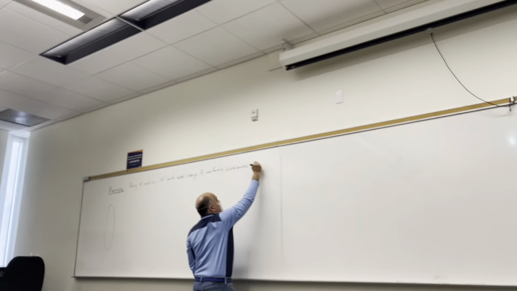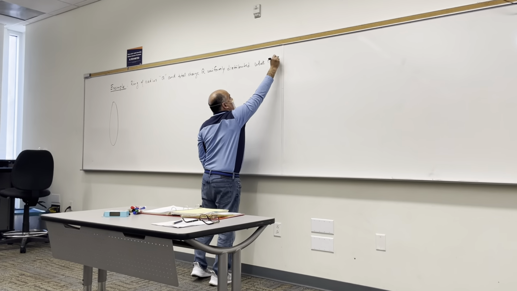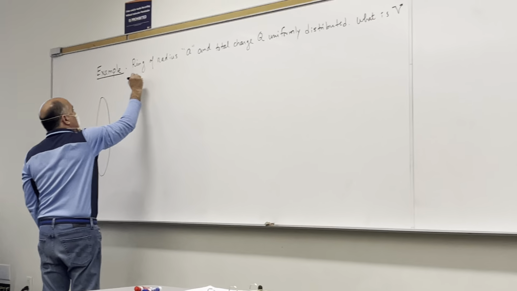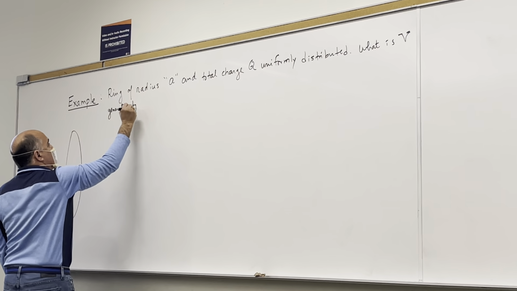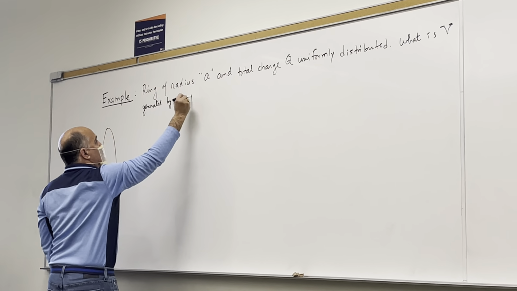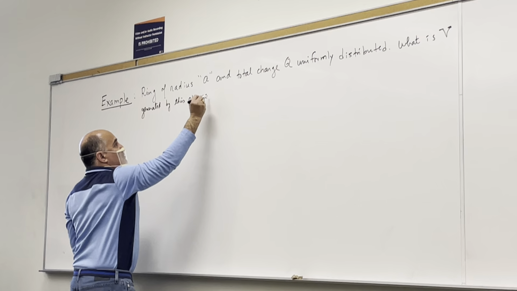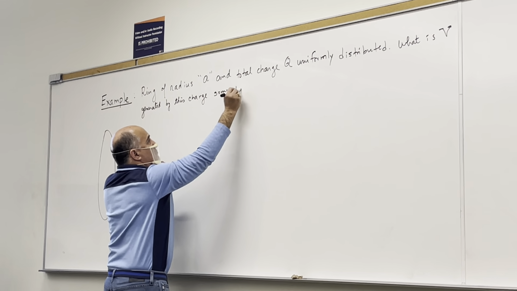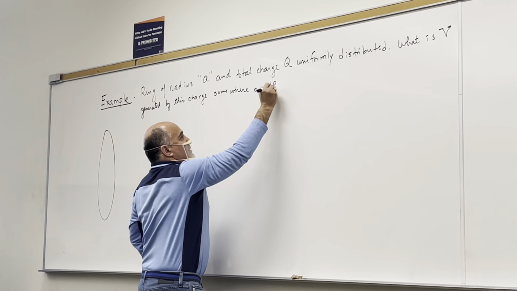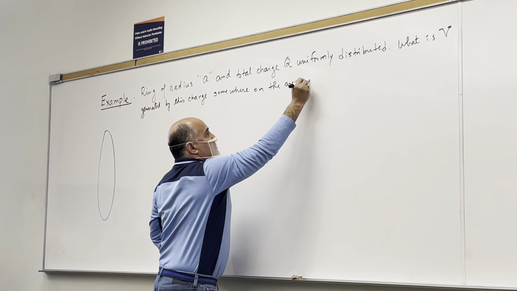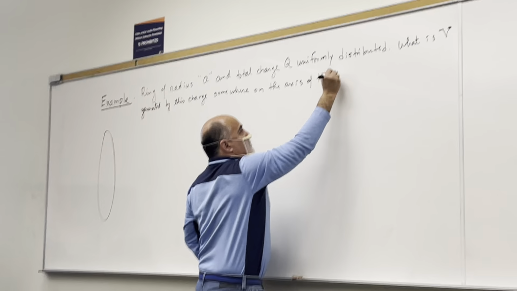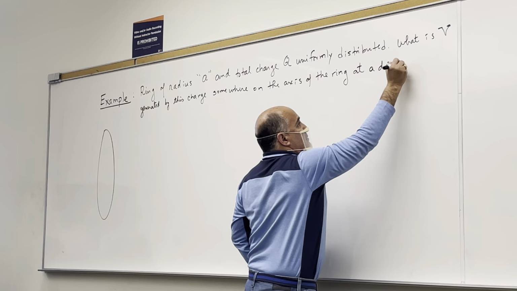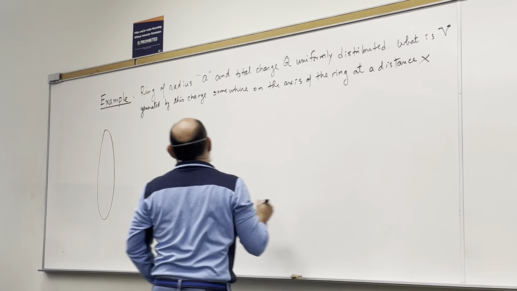So what is the potential generated by this charge somewhere on the axis of the ring at a distance x from the center of the ring.